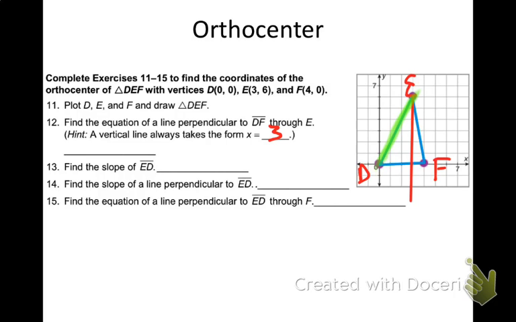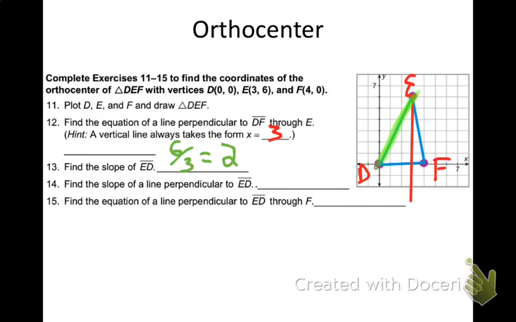Rise over run. 6 over 3, which is really just 2, or 2 over 1, either way you look at it.